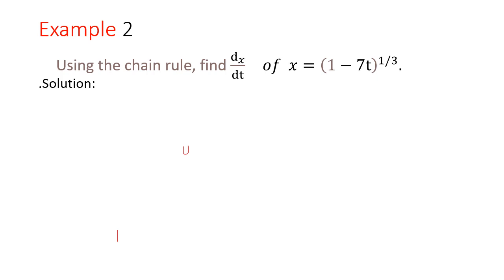Using the chain rule, find dx over dt of x equals (1 minus 7t) to the 1/3.